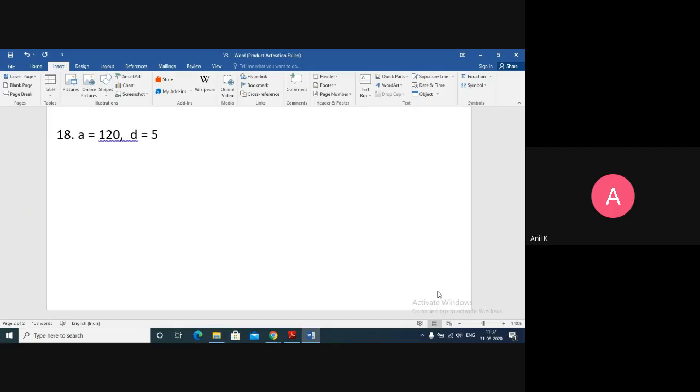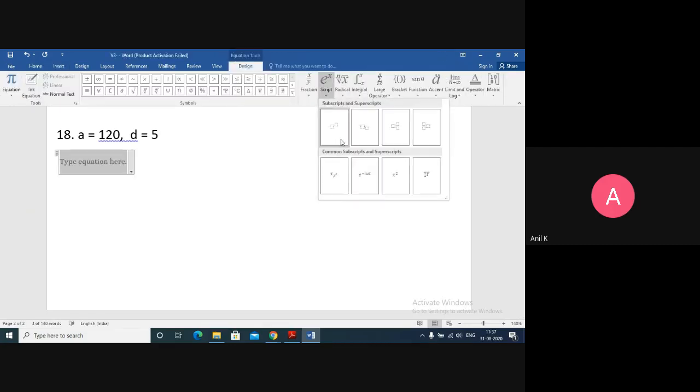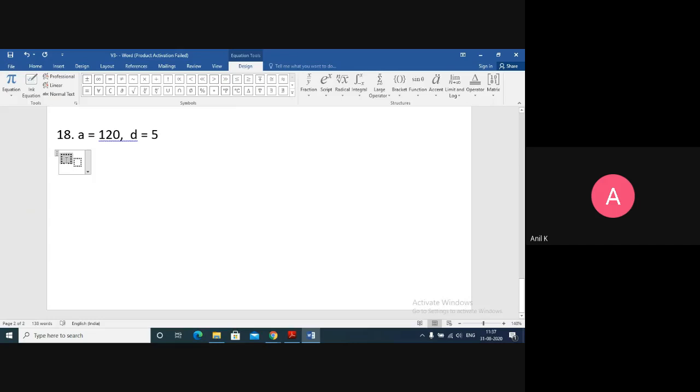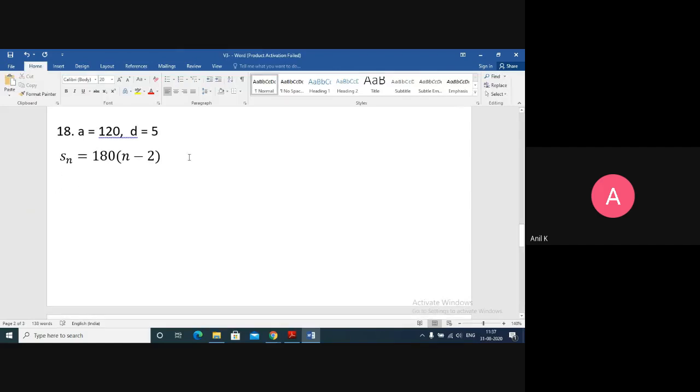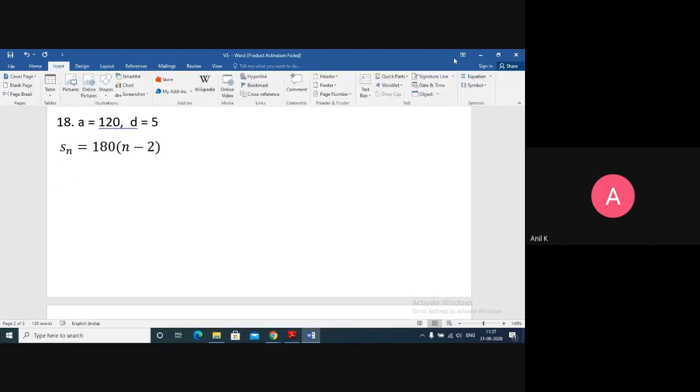Now we have the formula: the sum of all the angles in a polygon is 180 into n minus 2. So Sn equals 180 into n minus 2. Next step, apply the Sn formula.